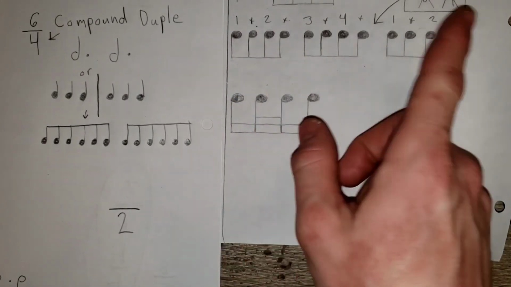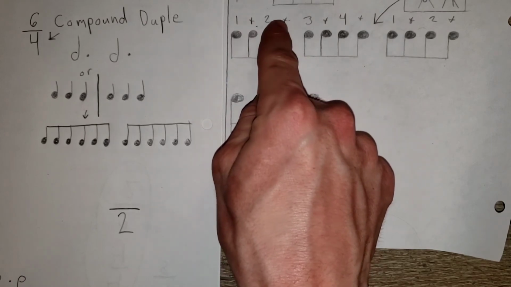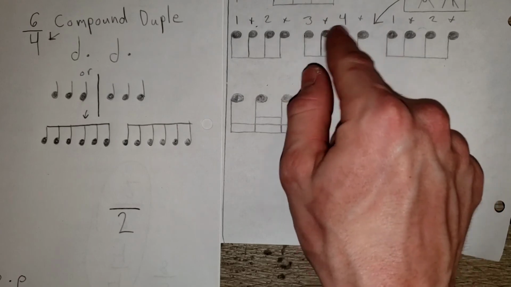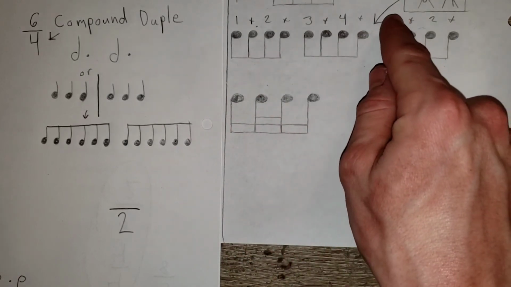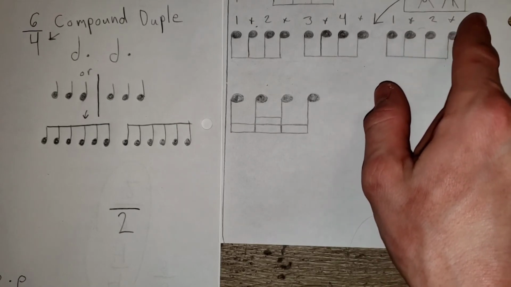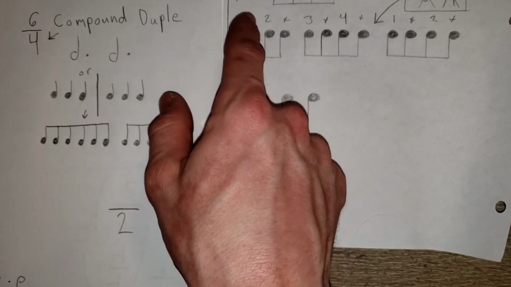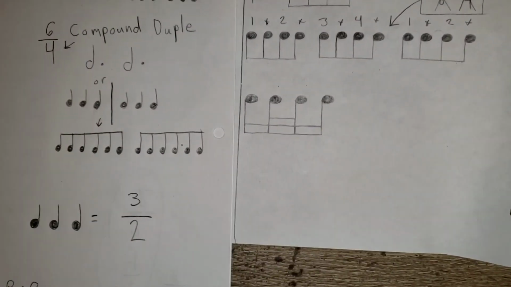So let's split this up into the beats and let's get 2 of each. So we have 1 beat there, 2 beat there, there's 1 half note. 3 beats, 4 beats, that's another 2. Okay, so we have 2 half notes so far. And then we have another 1, 2 beats, so we have 3 half notes. Because we need 2 beats to create 1 half note.